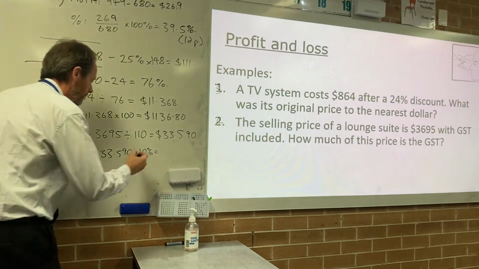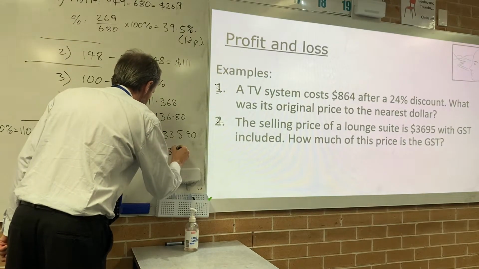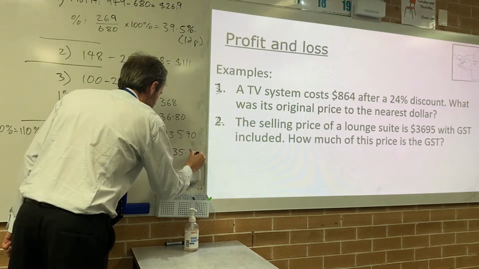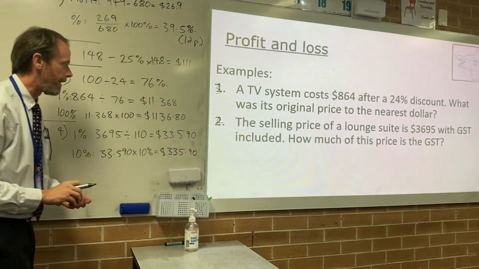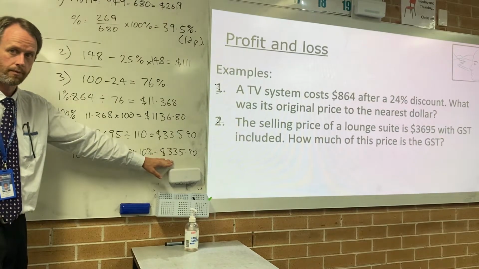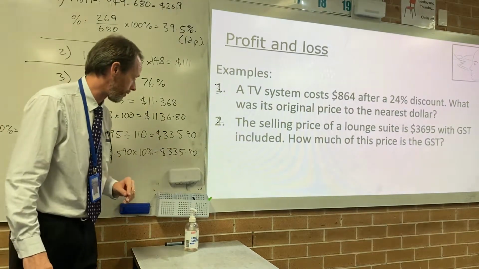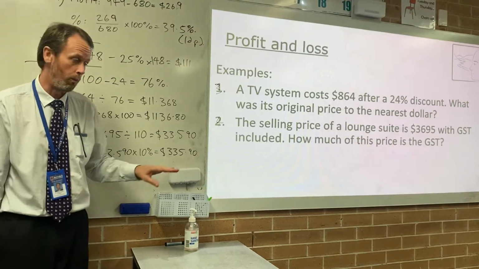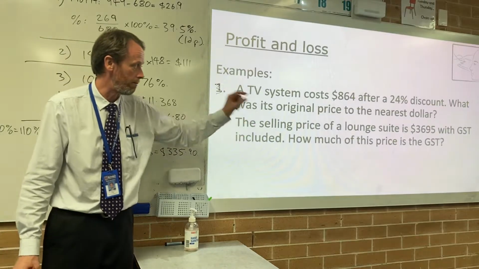Okay, and we should be able to do that. It's $335.90. That is the GST component. All right, the original price was $3,695, but we just want the GST component.